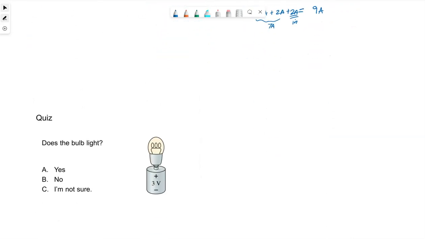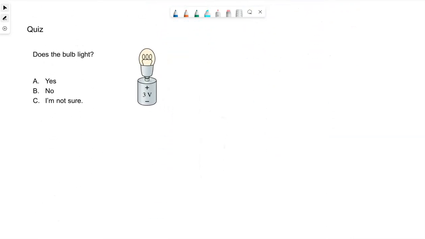One last question. The answer here is no. So with the way they've drawn this battery, they're showing us that the light bulb is in contact with the positive end of the battery, but there's nothing connecting the light bulb to the negative end of the battery.